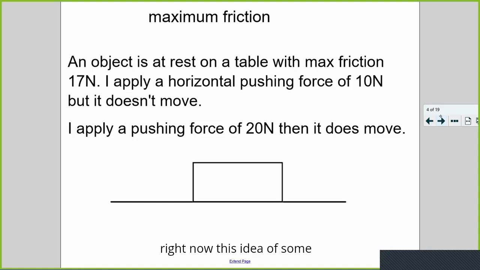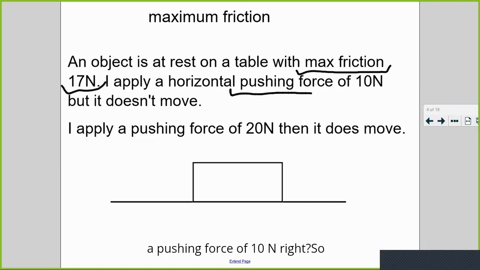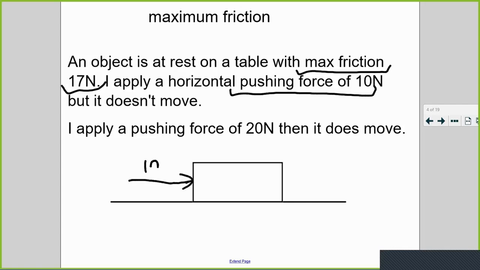Right, now this idea of some maximum friction. So if you look at this specific example, an object is at rest on a table, the maximum friction is 17. I apply a horizontal force, a pushing force of 10N. So there's a pushing force of 10.